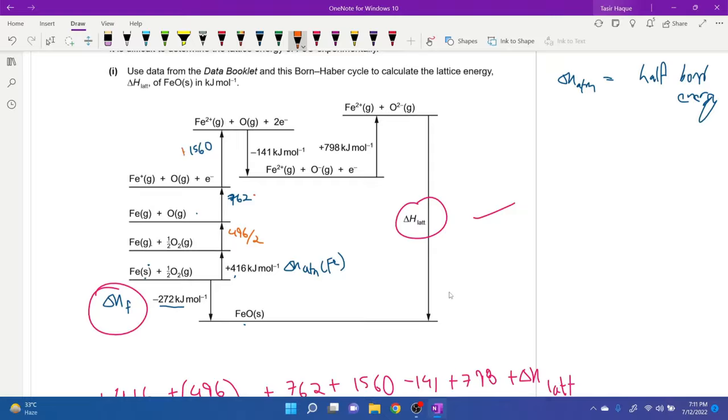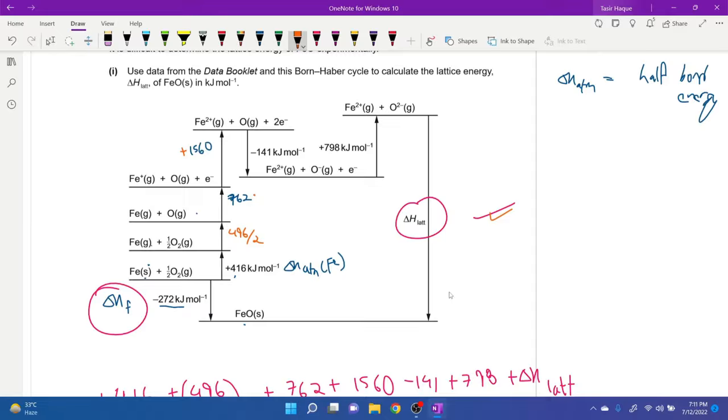The second ionization energy of iron is 1560. The electron affinities will always be given. They can't be found in the data booklet if you're doing sums pre 2022. The first electron affinity is always exothermic, while the second electron affinity onwards is always endothermic, and that's plus 798. And we need to find this out, the lattice enthalpy.